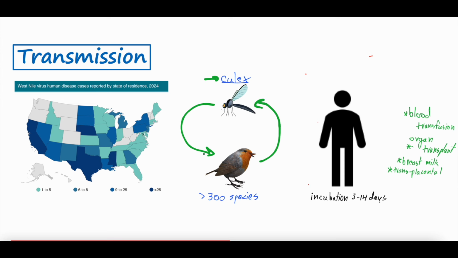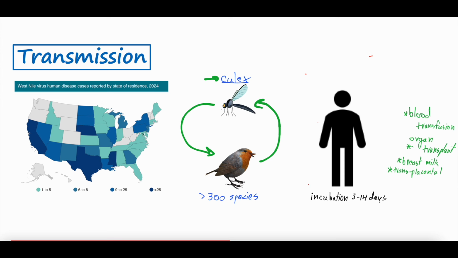So the mosquito bites the bird. If the bird is infected with West Nile virus, the mosquito sucks blood with West Nile virus. The virus gets into the mosquito's system and travels to its salivary glands. And then it bites a different bird, and some of that virus in the mosquito salivary glands gets inserted into the bird's bloodstream and causes the bird to have West Nile virus.